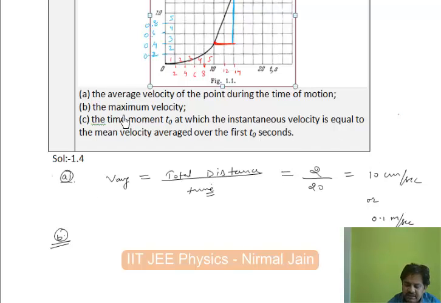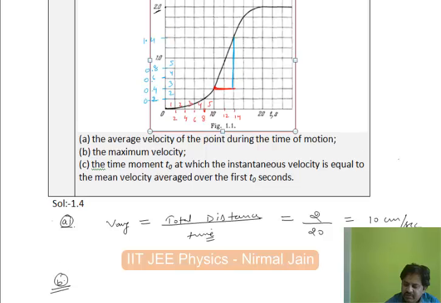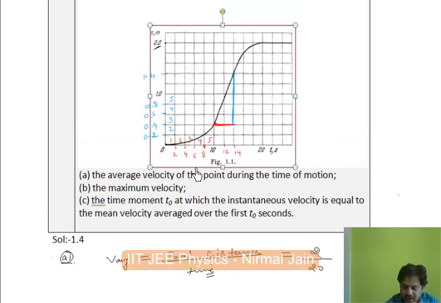For part B, we have to find the maximum velocity. In order to find it, we must note that the slope of the x-t graph, the displacement-time graph, gives the velocity.